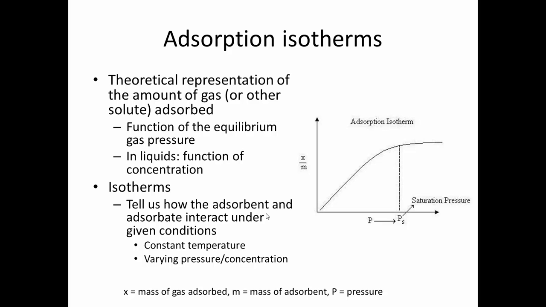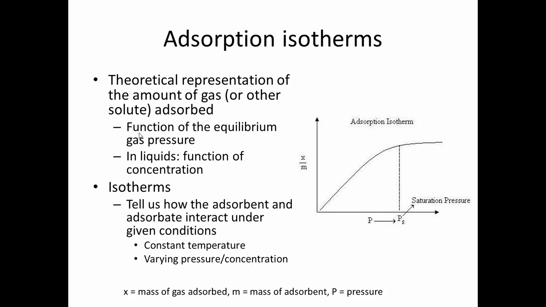And we can quantitate adsorption, or the extent of adsorption, by using isotherms. So we can consider adsorption in terms of the theoretical amount of some solute, whether it be gas or a solute in liquid, that gets adsorbed to an adsorbent.